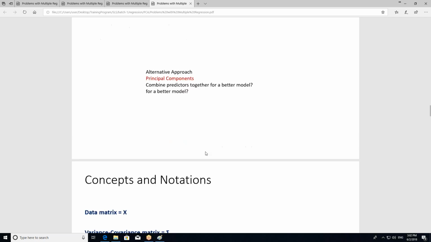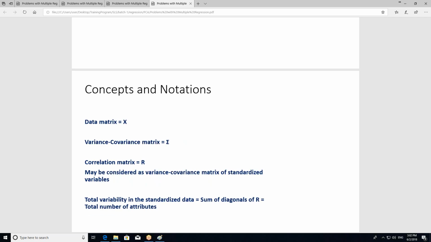So let's understand what is principal component. You guys have already, I believe, gone through eigenvalues and eigenvectors, right? So eigenvalues and eigenvectors are clear. Okay, great.